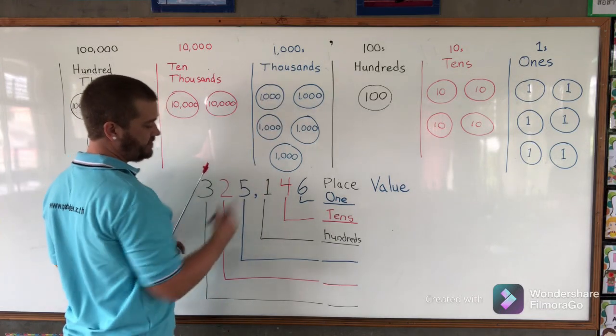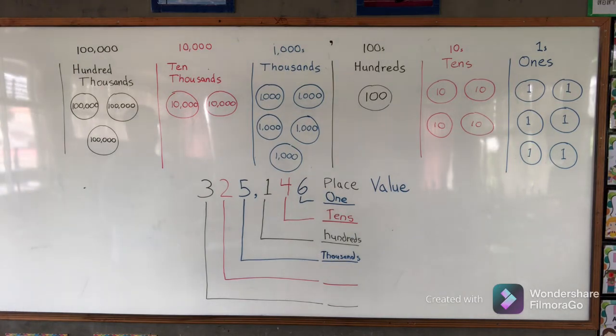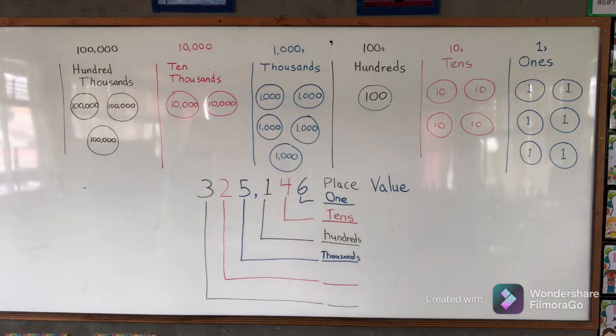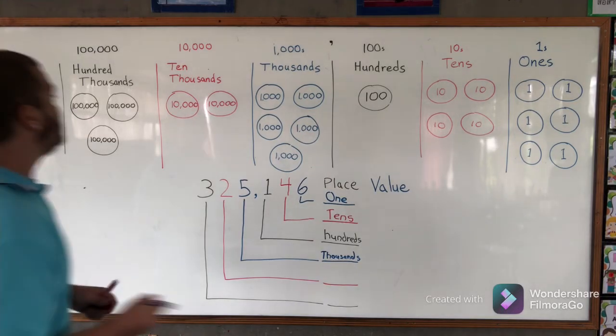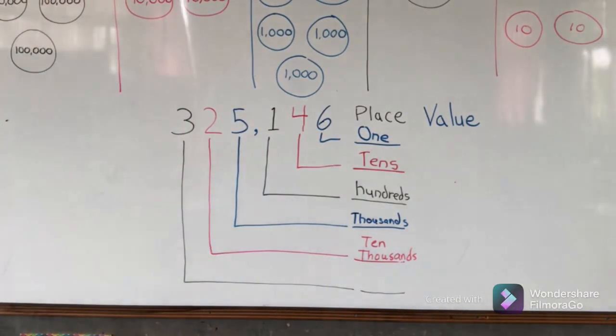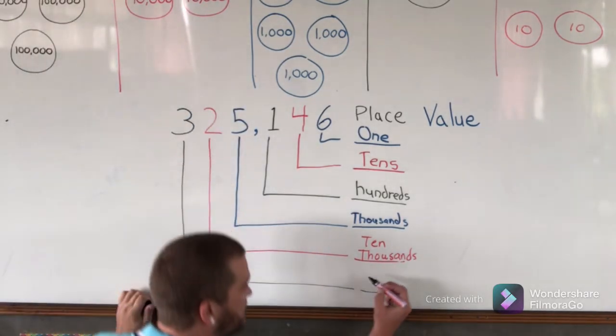What's next? Thousands. All right, what about the 2? So we have ones, tens, hundreds, thousands. The 2 is in 10,000s. And then finally, what place is the 3 in? And this is our new one. It's the 100,000s. So let's write that.